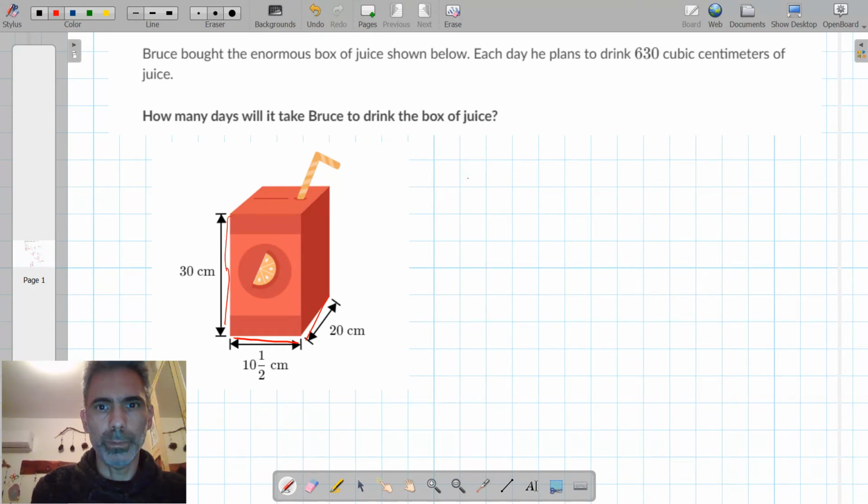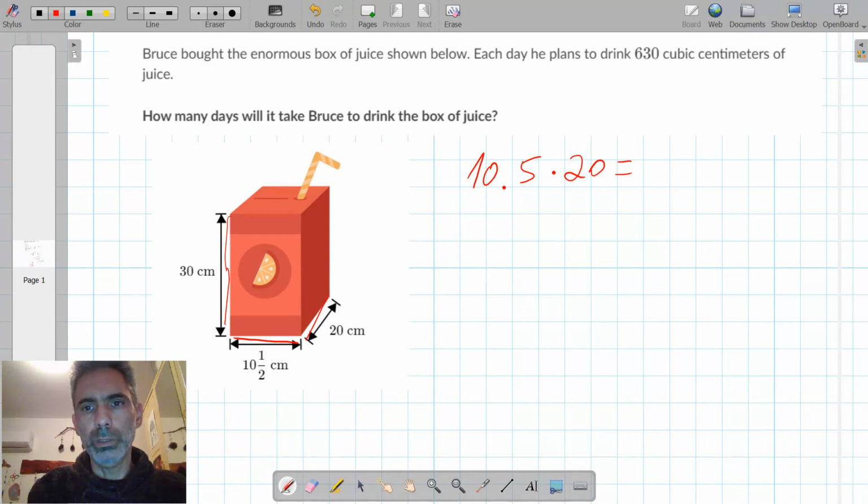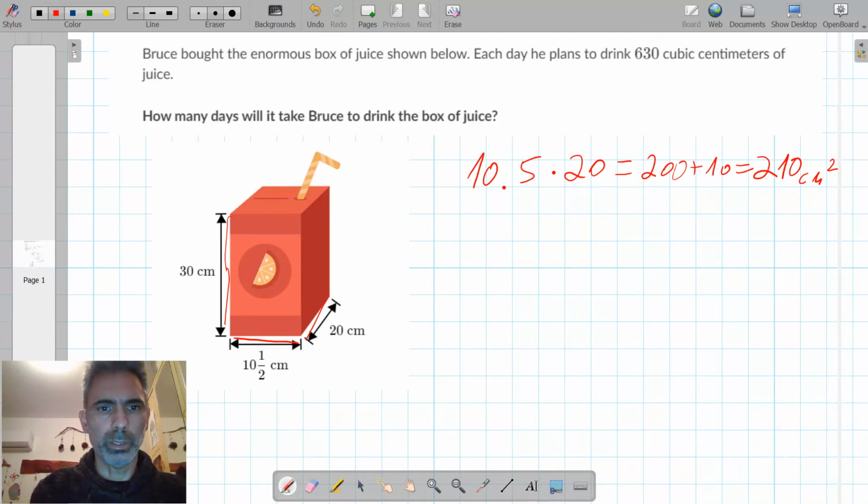So the base is 10.5 times 20. 10 times 20 is 200, and half of 20 is 10, so the base is 210 centimeters squared, right? 10 times 20 is 200, 0.5 times 20 is 10, together is 210 centimeters squared.